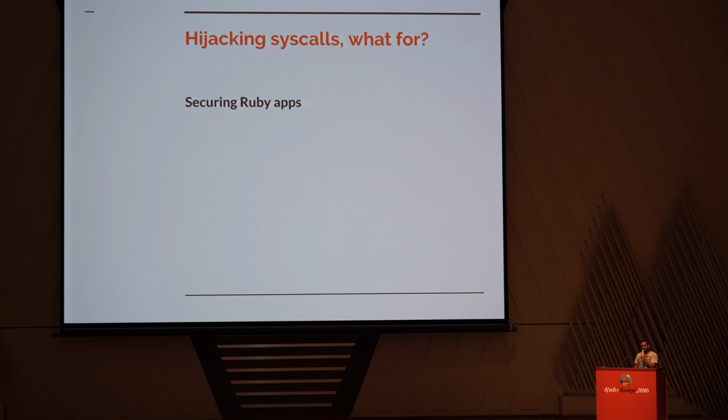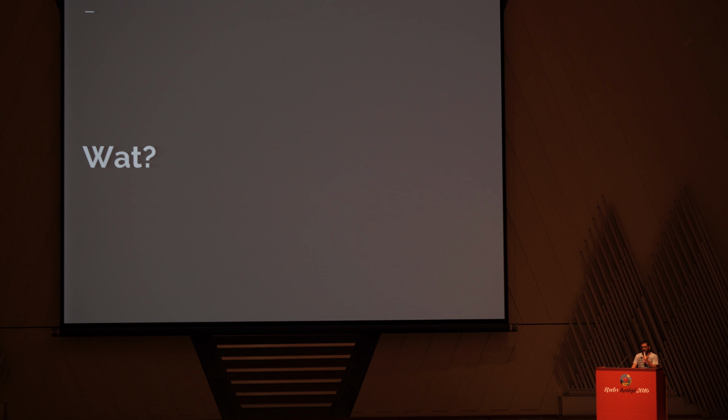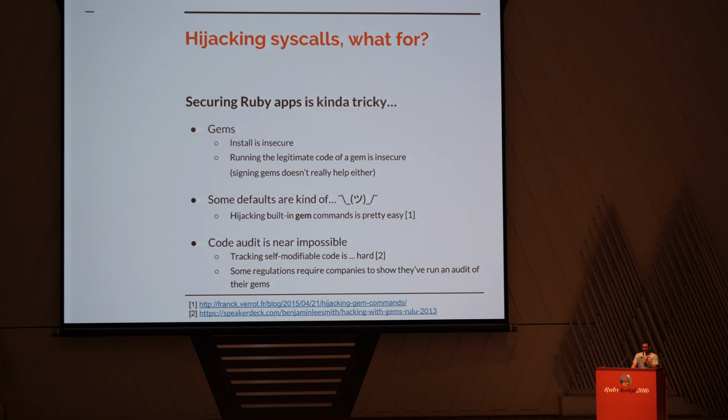Securing Ruby apps has also been something I've been investigating, and it's pretty hard. Why is it hard? There are many reasons. The first one, when it comes to gems: when you do gem install, it's basically curling a URL, putting everything into bash and waiting for something to happen. It's specifically insecure when you do sudo in the mix.